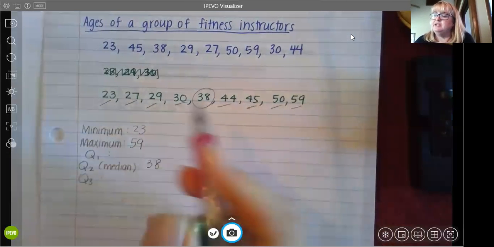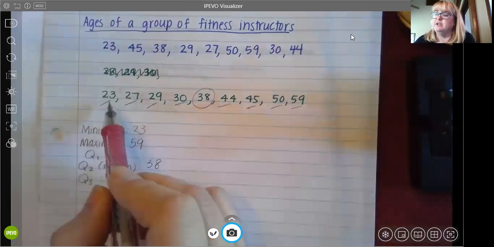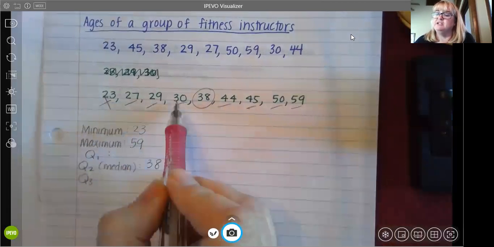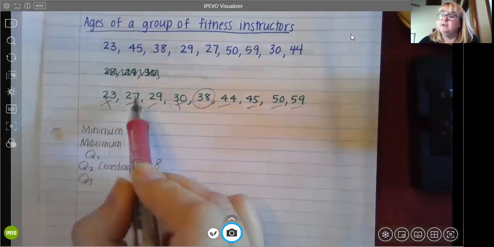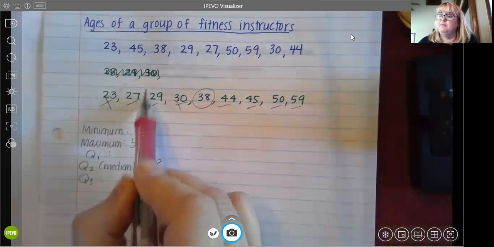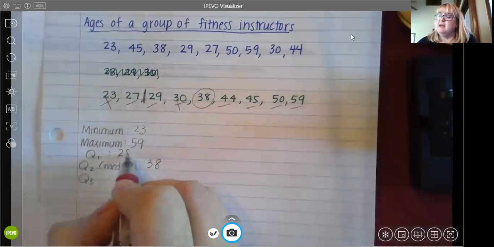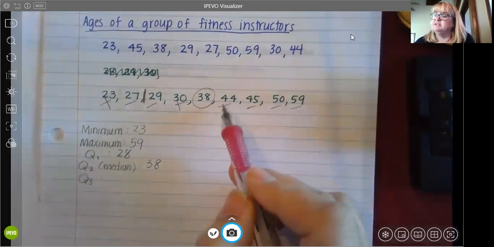And then we need to figure out the quartile 1. So we're going to look at the lower half, smallest, largest. And we've got 2 left. Well, what number is between 27 and 29? Right there is our median, and it is 28. And then we need our upper quartile. So smallest, largest.